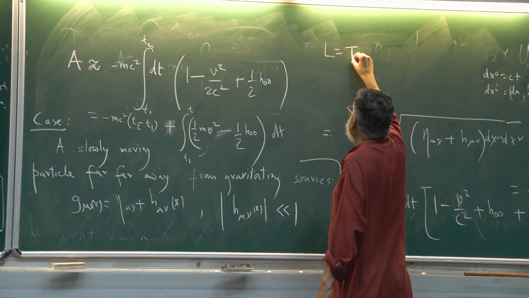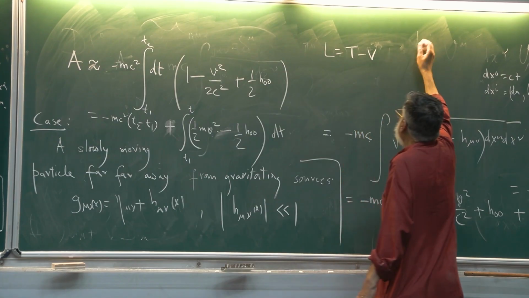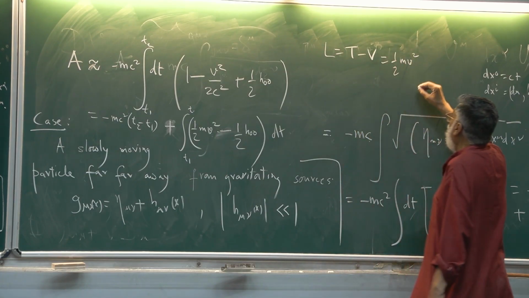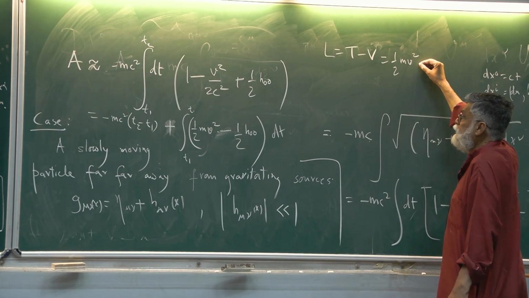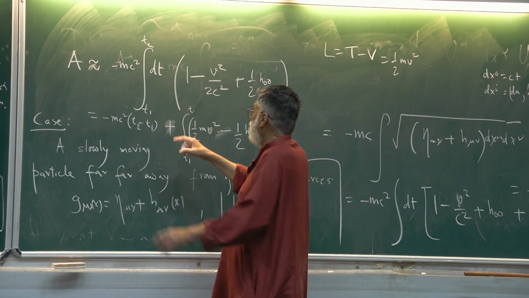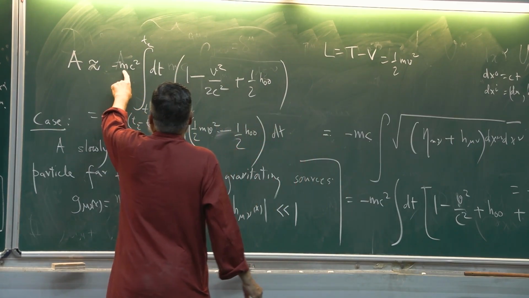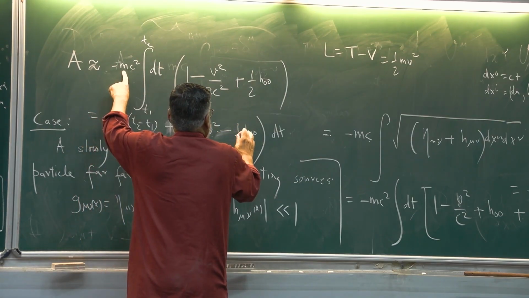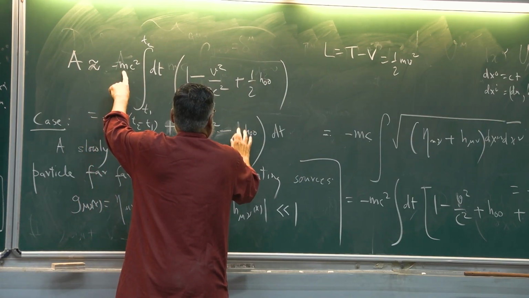The Lagrangian is T minus V. T is of course kinetic energy. And what will you get? Oh, by the way, m is also here, right? I have made some mistake. Minus mc square, that goes, but there's a minus mc square.